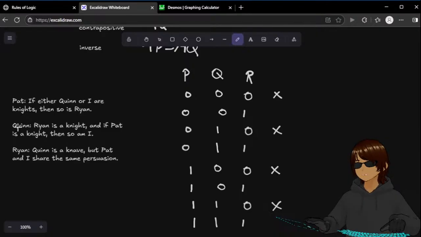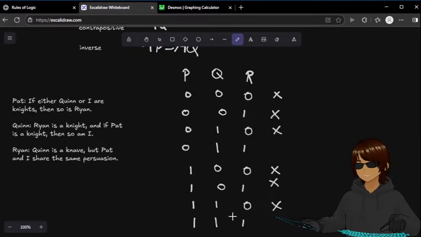Okay, it could be that queen is a knave. This statement is true, but this statement is false. So the entire statement is false. So the only one that makes sense is if Ryan is a knight and queen is a knave. So if Ryan is a knight, then queen has to be knave.